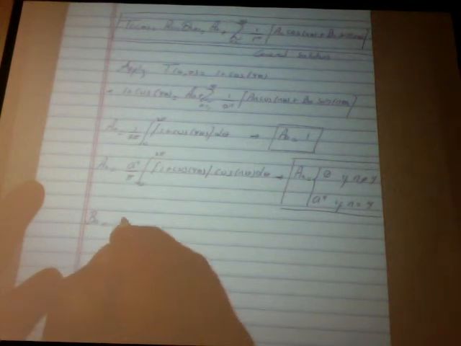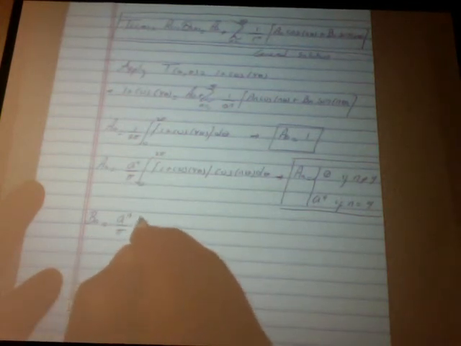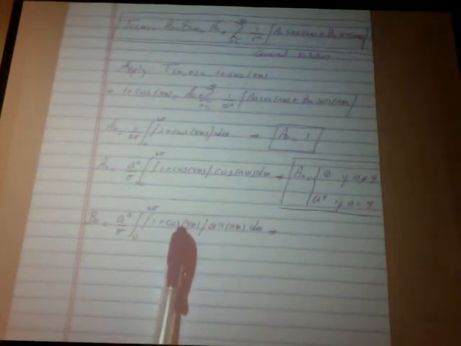And Bn happens to be a to the n times the integral from 0 to 2 pi of 1 plus cosine of 4 theta, which is the boundary condition, times the sine of n theta d theta. And here you can see again, the sine is orthogonal to the cosine, always. Independently of whether n is equal to 4 or not, that integral will go to 0.